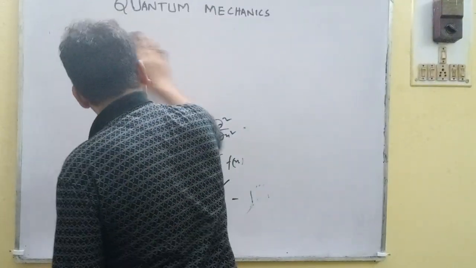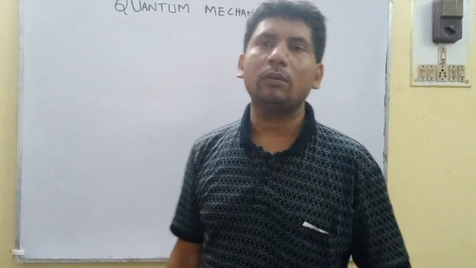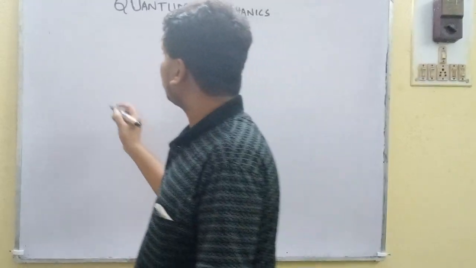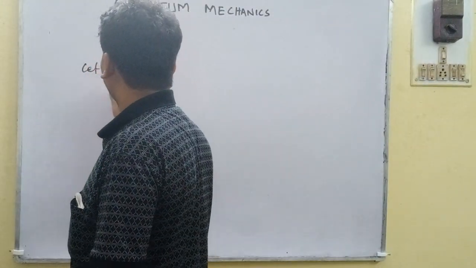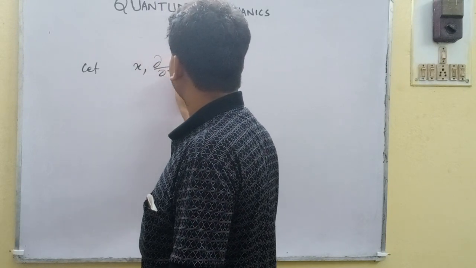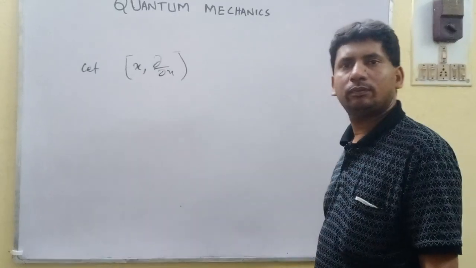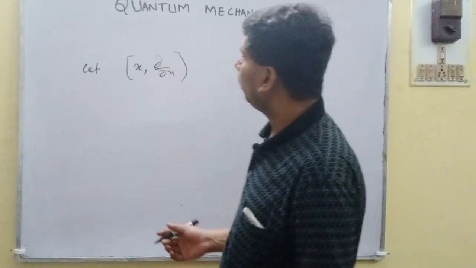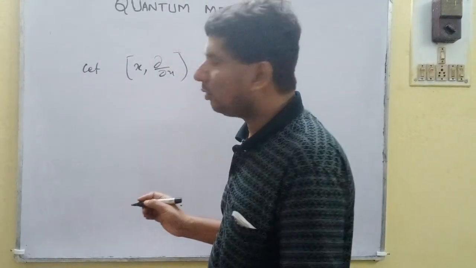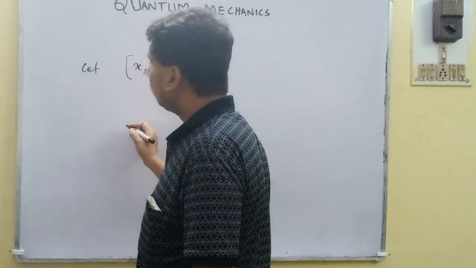Okay, and now we can take another example. Let us consider x and del x. Is this a commutator? Then again we can verify it by taking a function f(x).